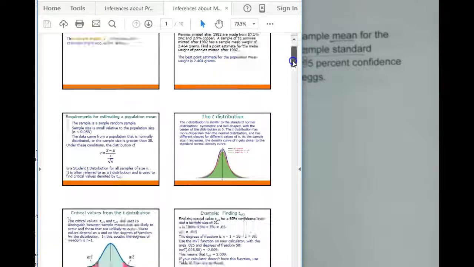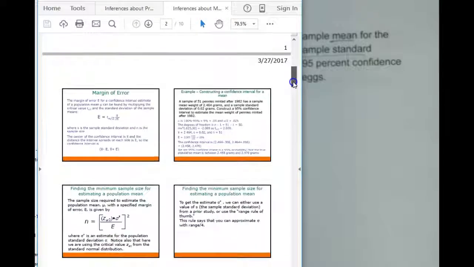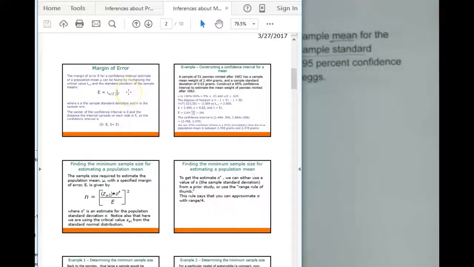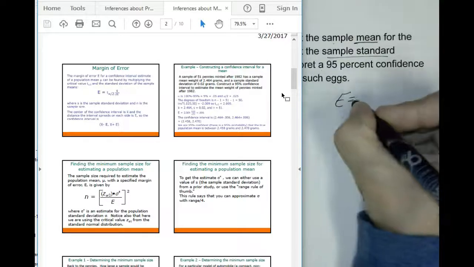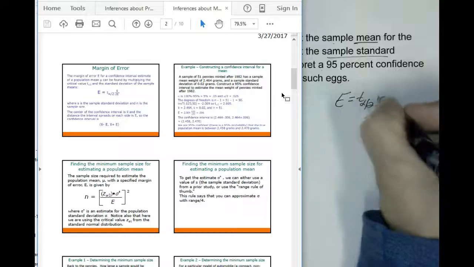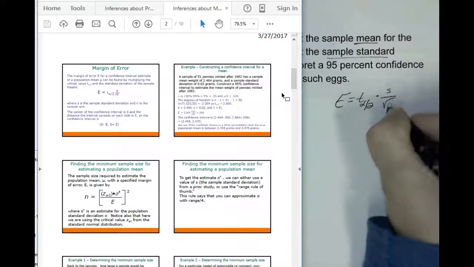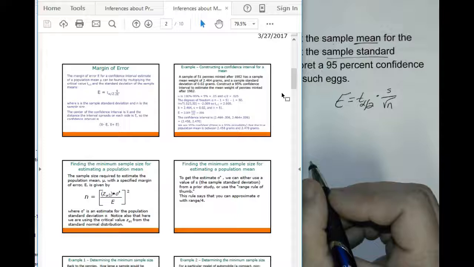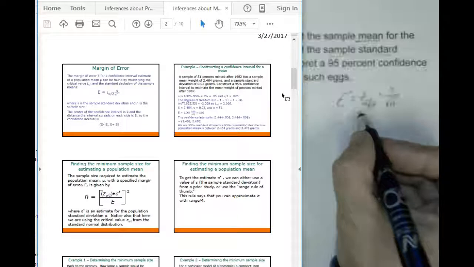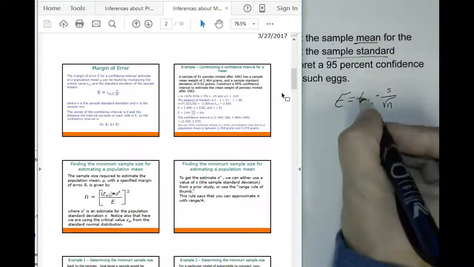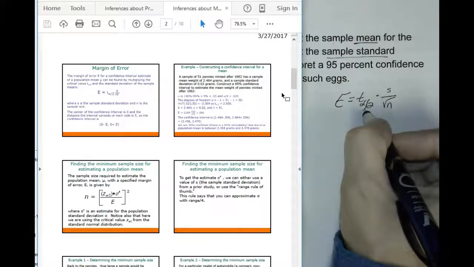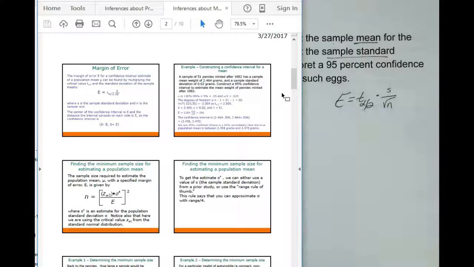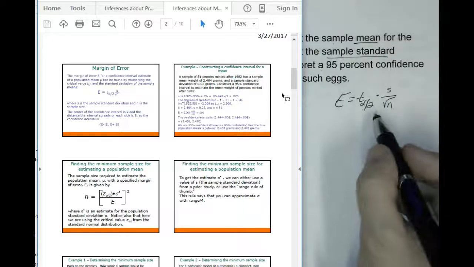Okay, so if we're doing a confidence interval, here's our formula for the margin of error. So we're going to have E equals T alpha over 2 times S over the square root of N. Okay, so the T right here tells you that to find your critical value, you need to use the inverse T. So that means you also need to know your sample size so that you can have your degrees of freedom.